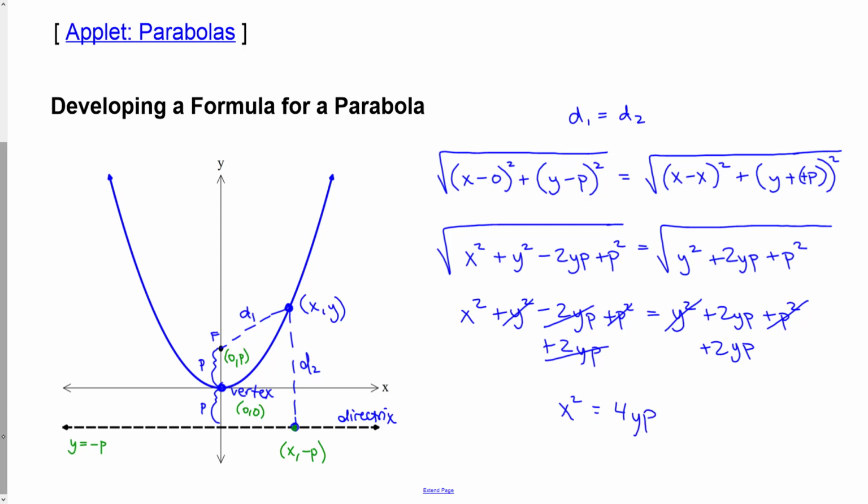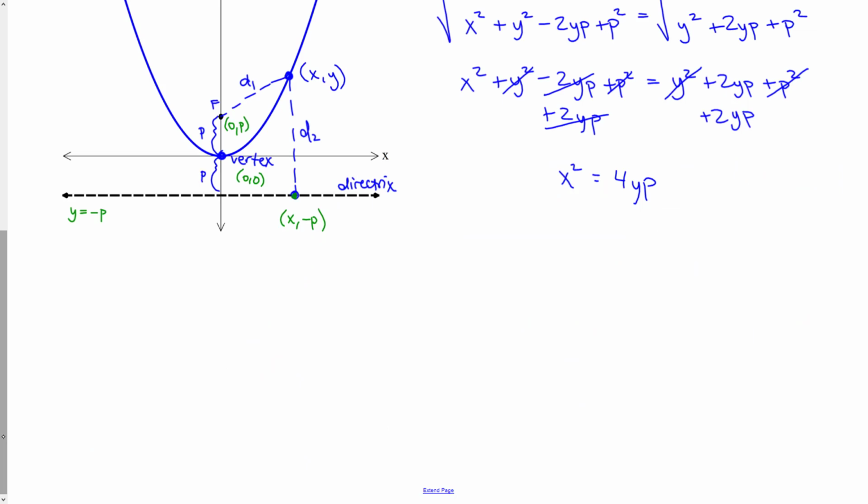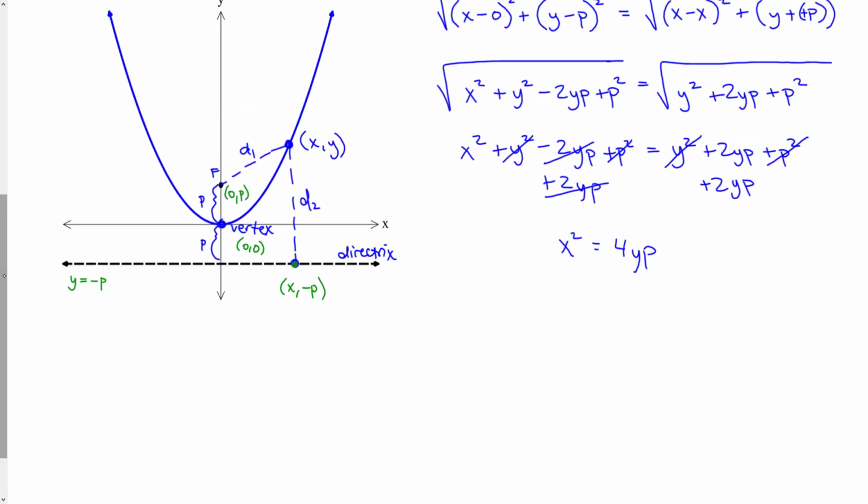Now, what I can do next is put the center at h, k instead of at 0, 0. Then it works out that I can just use translations, and it's going to be x minus h quantity squared equals 4p times y minus k.